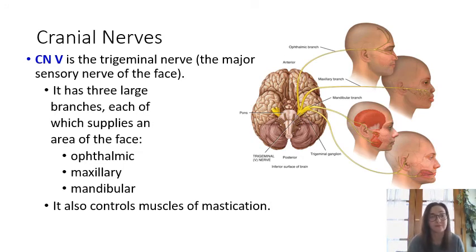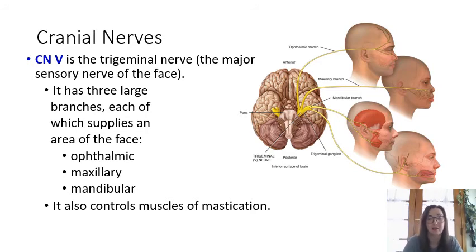We skipped over 5 because 5 is not necessarily involved with the movement of the eyeball. Cranial nerve 5 is your trigeminal nerve. This is a major sensory nerve of your face, involved in facial sensation. We've got 3 major branches of the trigeminal nerve. The ophthalmic branch is near your eye, so sensory to your forehead and sensory to your eye.